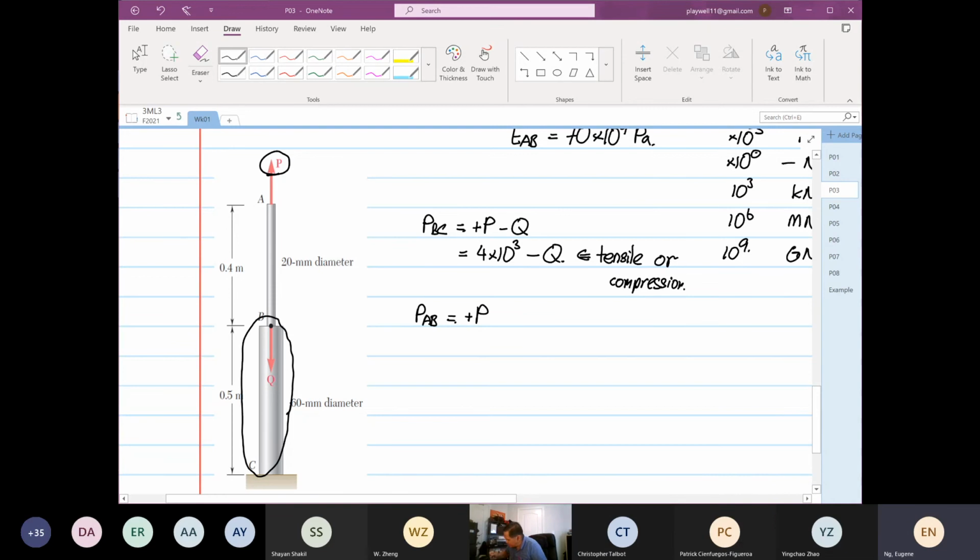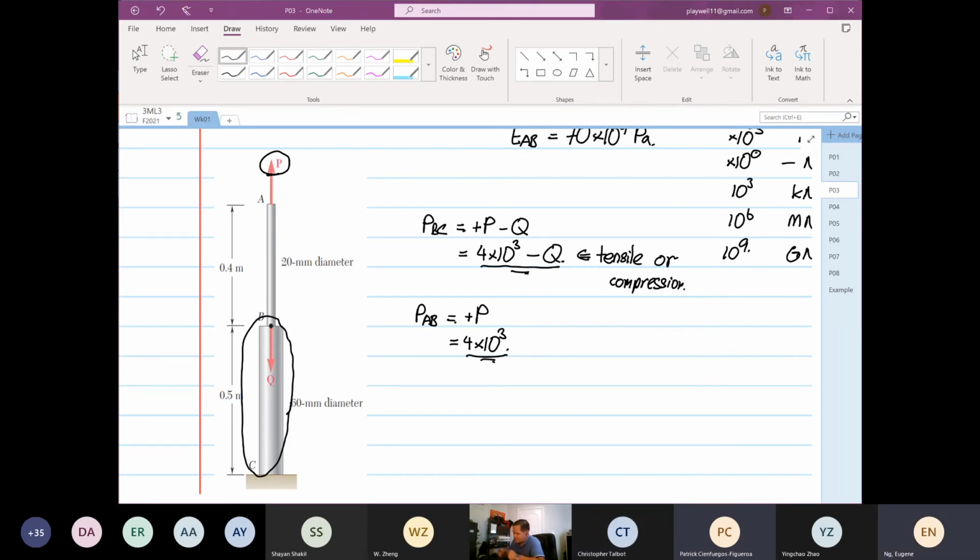So PAB is equal to 4 times 10 to the power 3. Anyone have any question? For sectioning, if the diameter has two different materials, do you still have to section both of them?